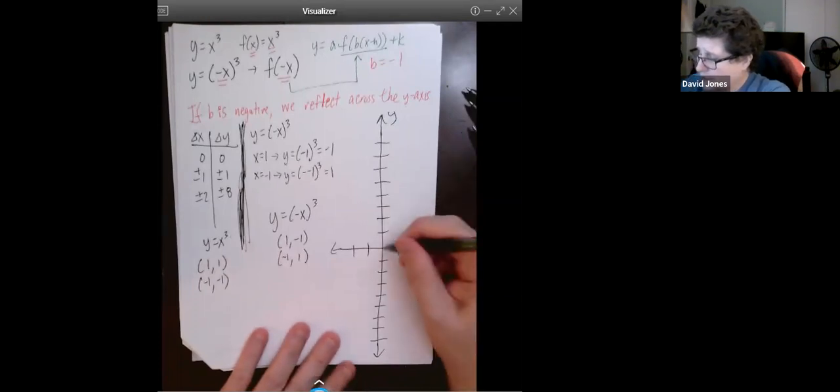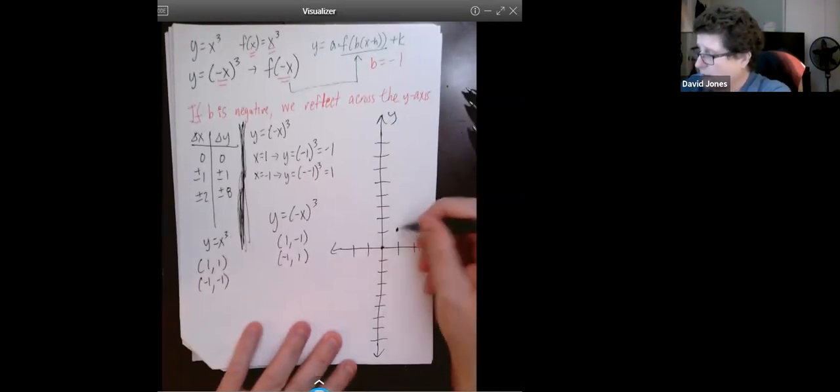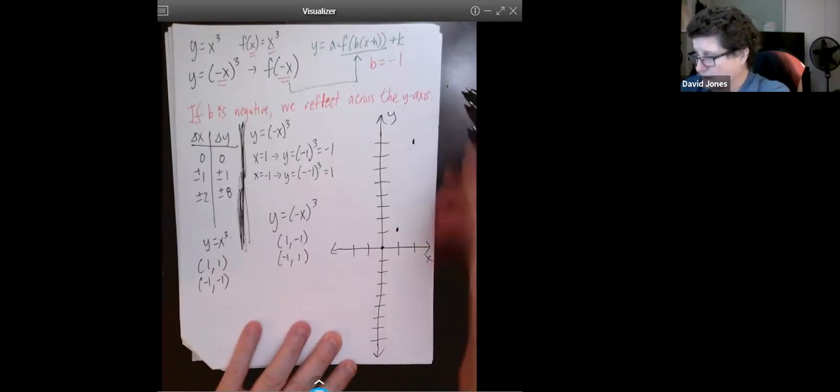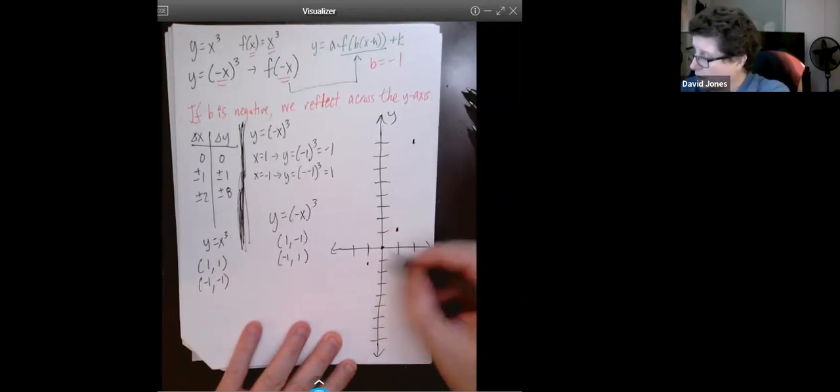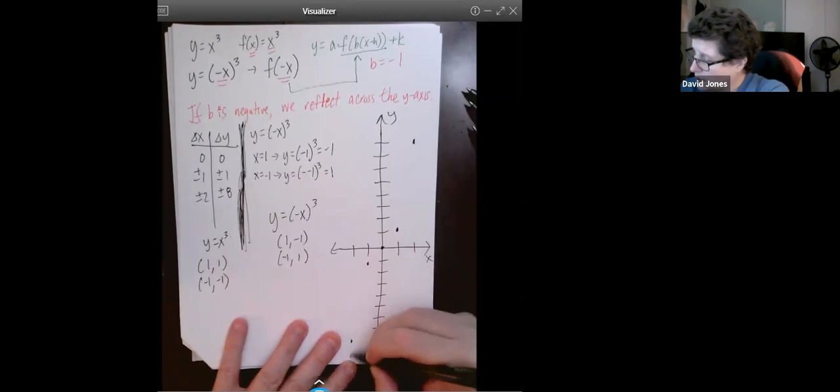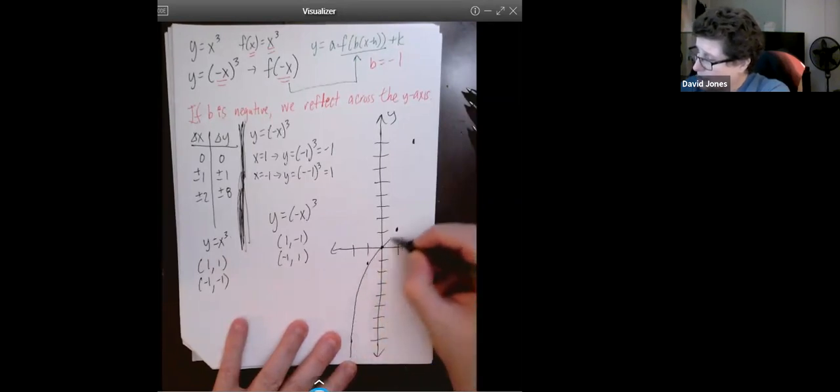So y equals x cubed, that's our base graph.